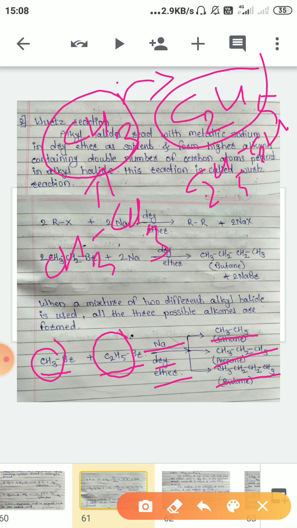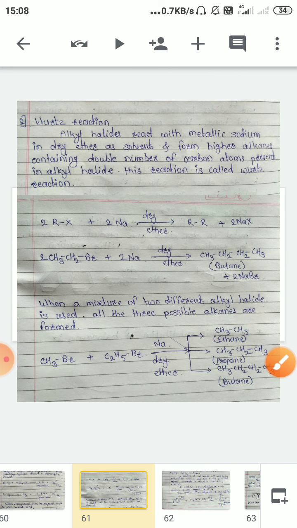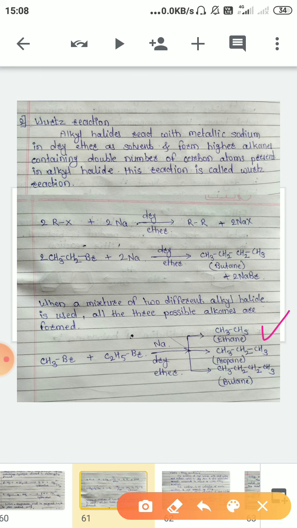The combination of one methyl group and one ethyl group gives propane, CH3CH2CH3. So when a mixture of two different alkyl halides is used, all three possible alkanes are formed. Therefore here we have written three different products.